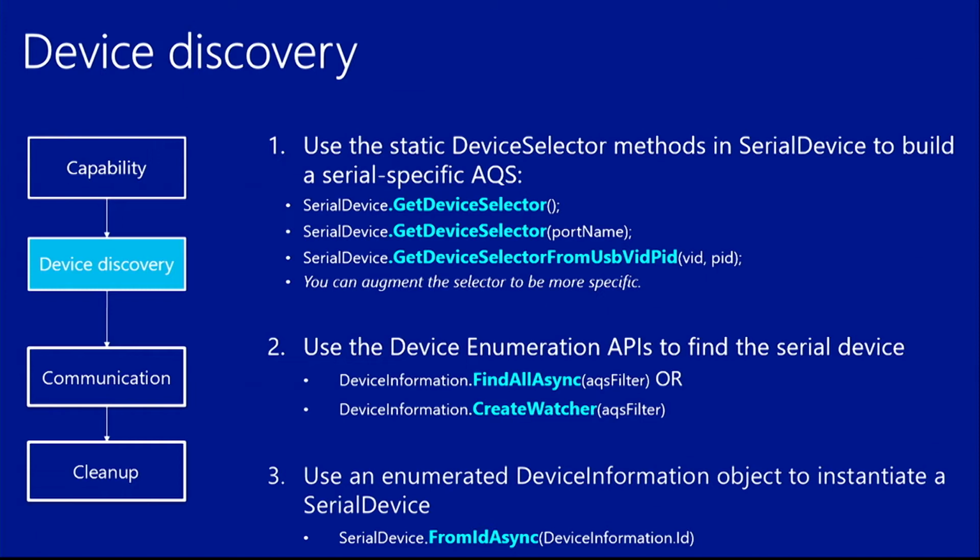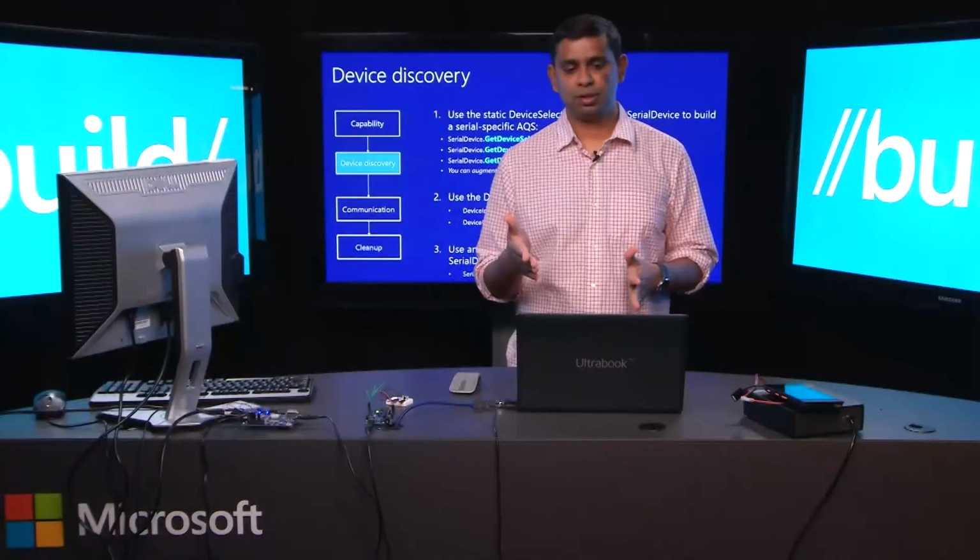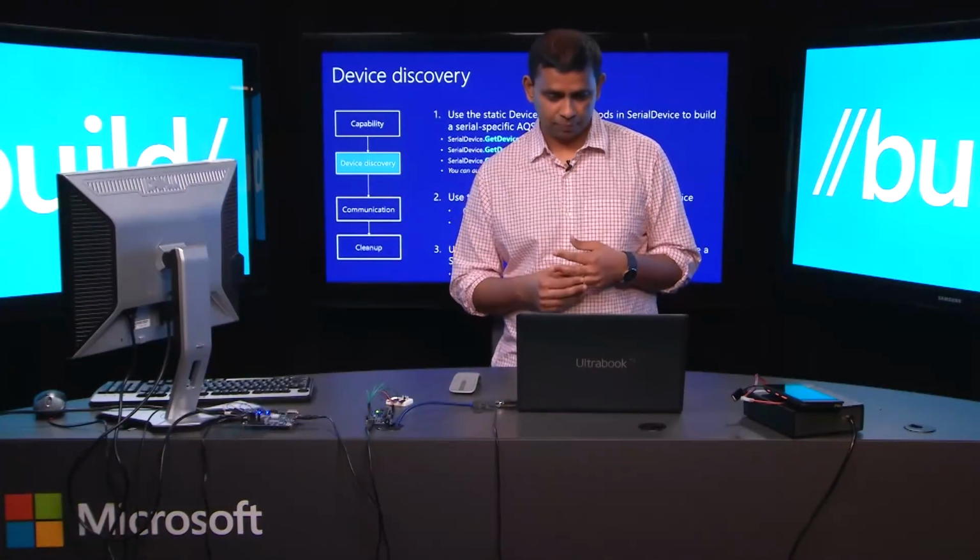Fortunately, we have a couple of static device selectors that we've built into the serial communication namespace. And there are 3 device selectors, which are just outlined here. The first one, without any parameters, finds all serial devices on the system. Or you can decide to use a device selector with a string, which is a port name or a friendly name, or a device selector with the USB vid and PID.